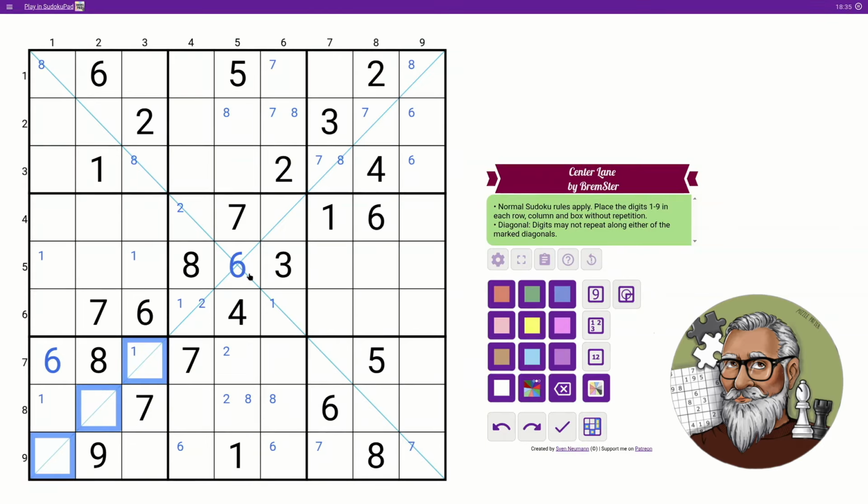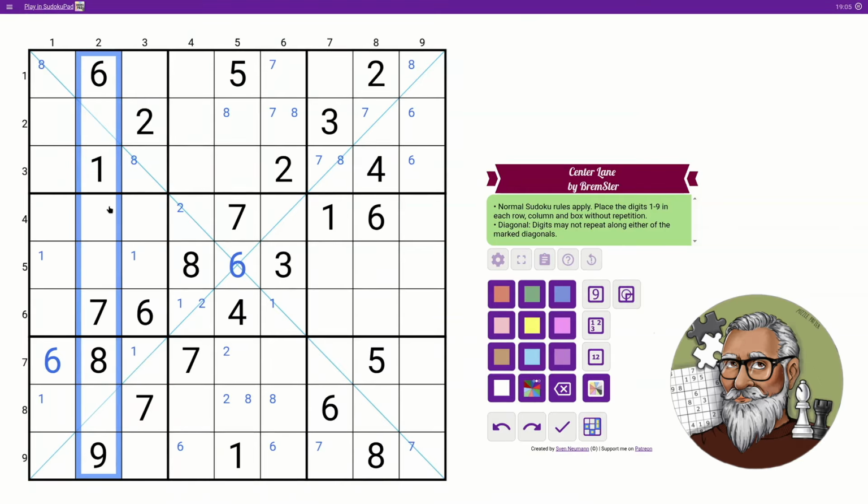I'm trying to figure out if there's any interesting rows or columns, because I was just too concentrated on the boxes and diagonals, but I don't think so.